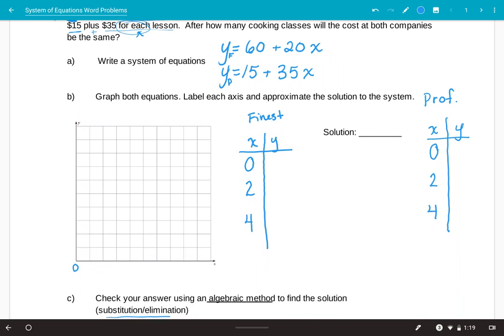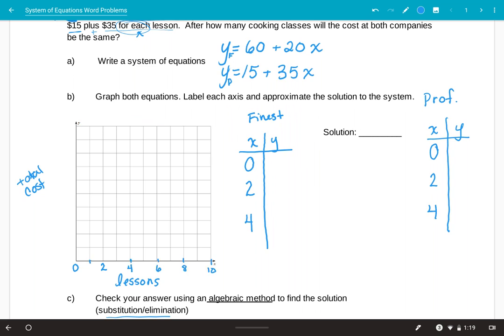So this is the number of lessons. And this is going to be our total cost. We know we have 0, 2, and this would be 1, but I don't really want to put it in because then sometimes mine get messy when I have to write too many. But let's just write down those.